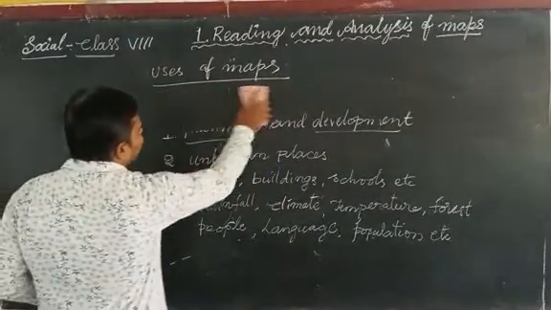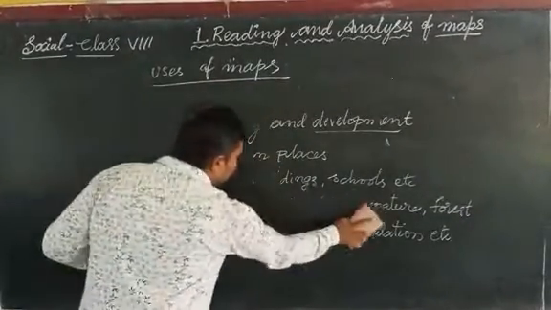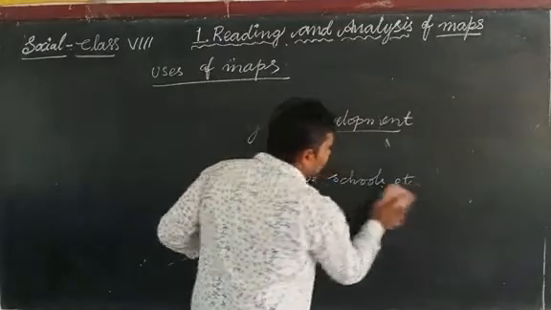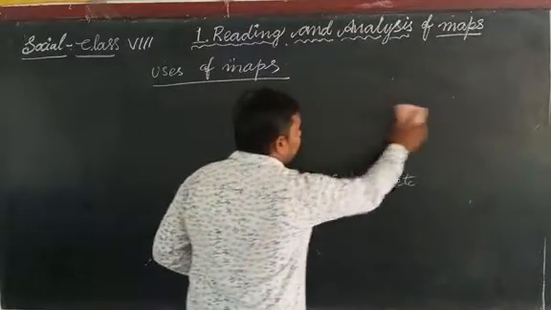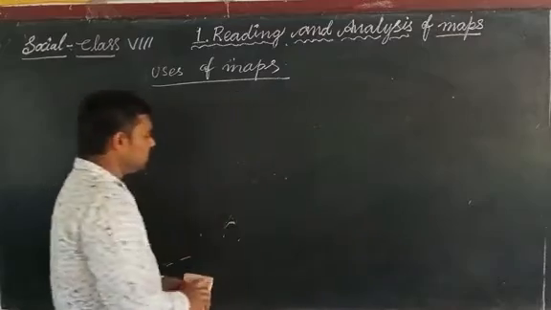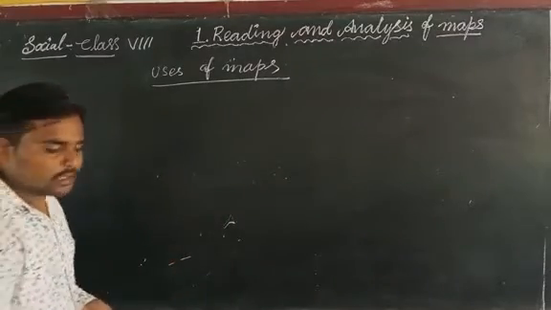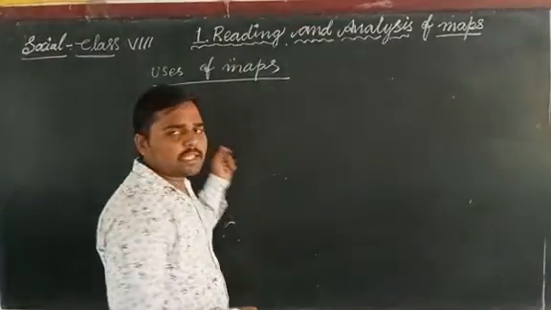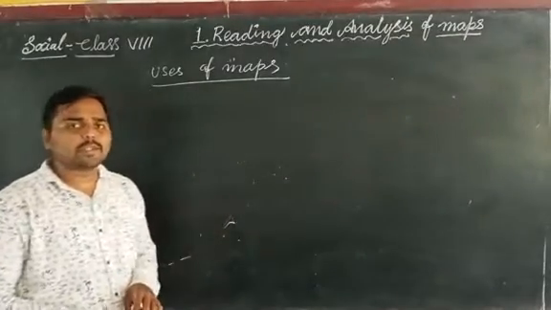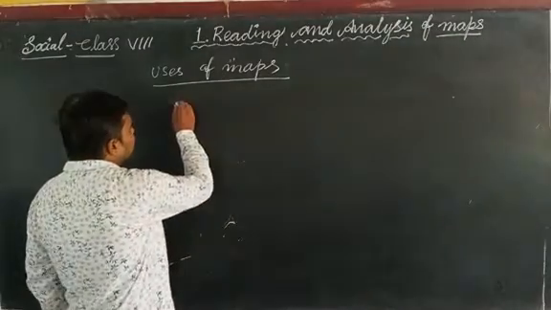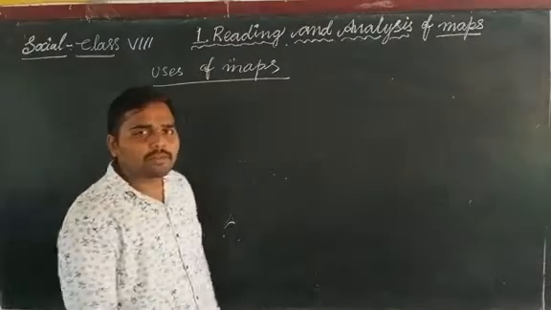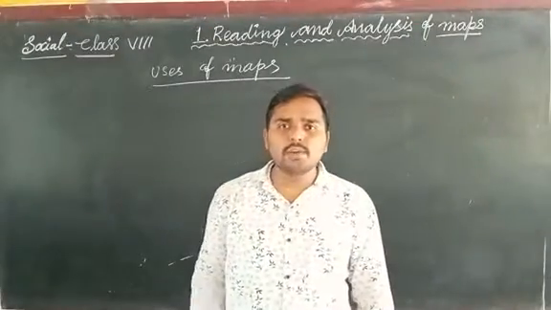In the previous classes, we have discussed the types of maps. Now coming to the types of maps. What are the types of maps? We have discussed 4 types of maps.